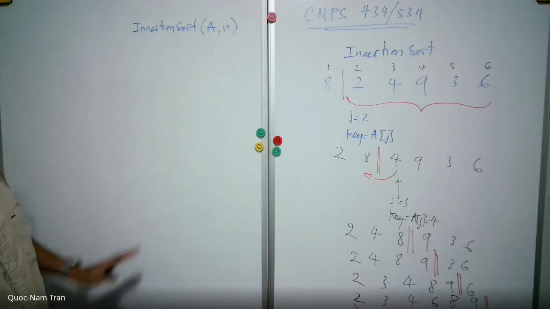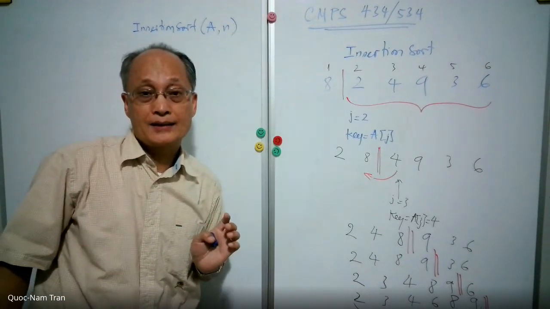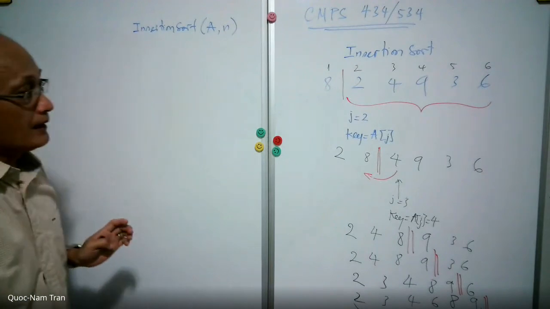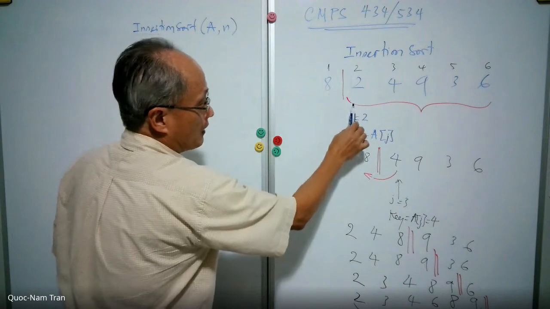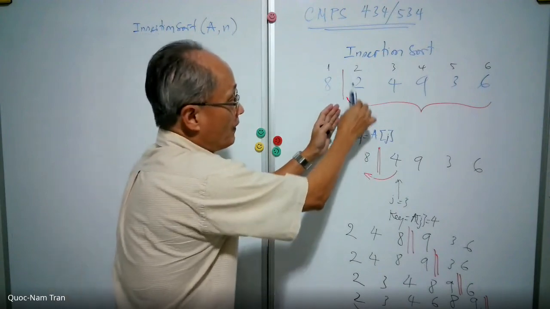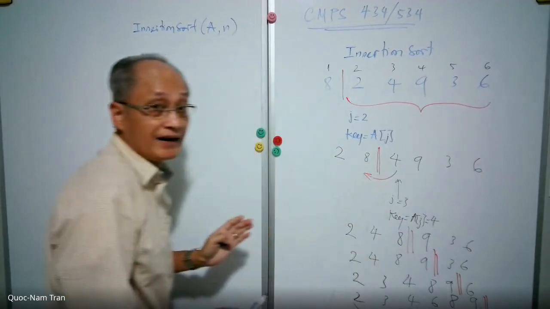While the unsorted part is not empty, as we see here, we can choose a variable or an index that goes from 2 to the end, right?